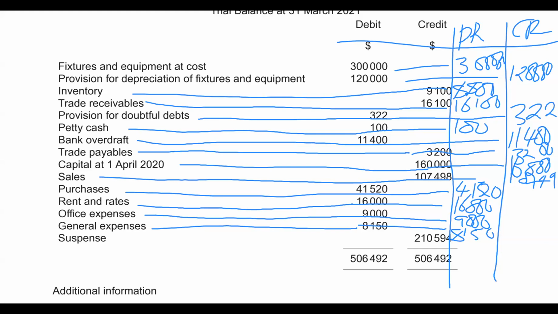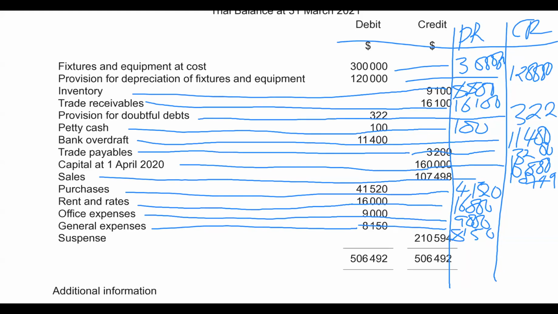Then you have got the suspense. Where do you take the suspense? This is very interesting now. Is the suspense part of the trial balance? It's not recorded. Yes, the suspense is not part of the trial balance.